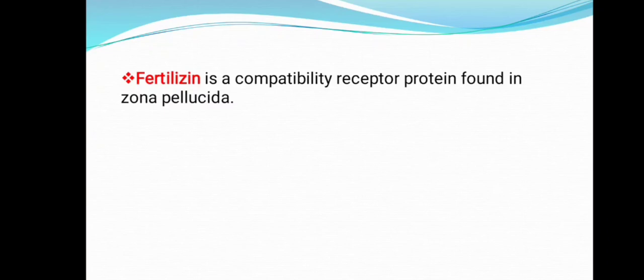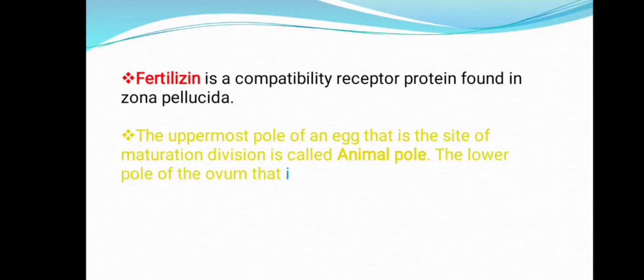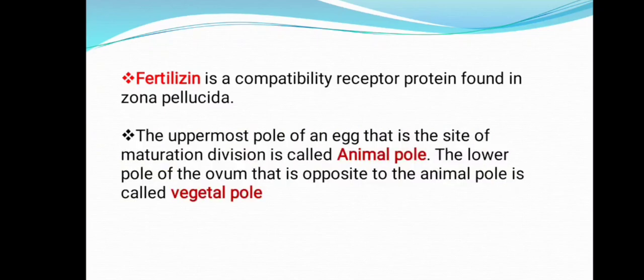The middle zona pellucida consists of a receptor protein called fertilizin. Because of this receptor, it facilitates the binding of the sperm head to this region.